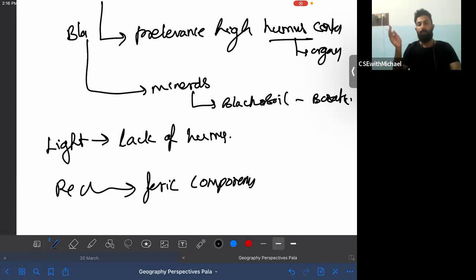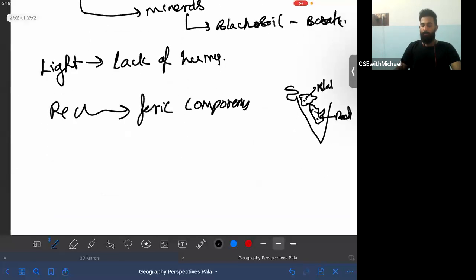Now if you look at peninsular India, most of the regions of peninsular India would be red soil. Maharashtra plateau would be having black soil, right? Red soil. Now this red soil is because these regions are the old peninsula shield region, and they are also incidentally the richest source of iron.